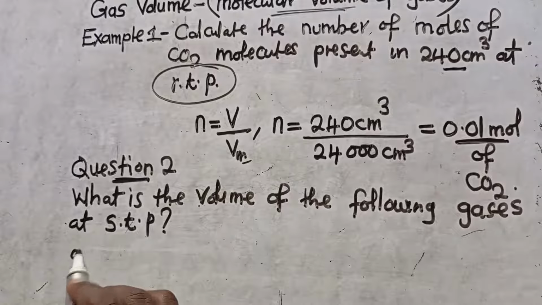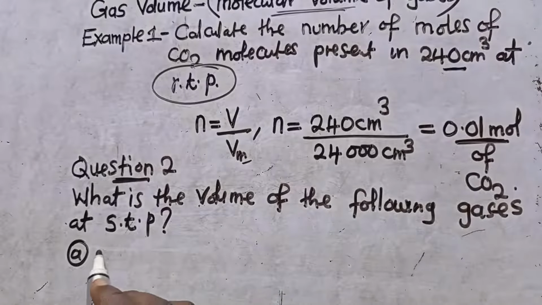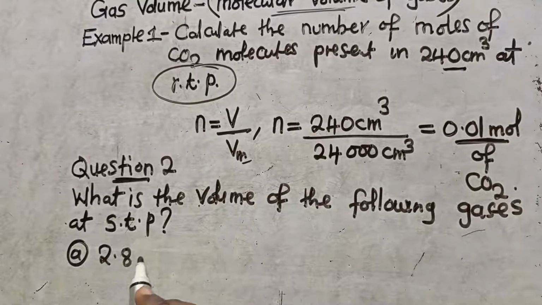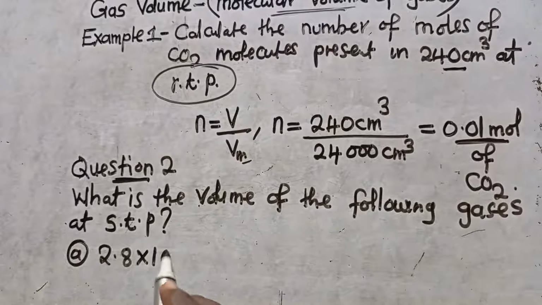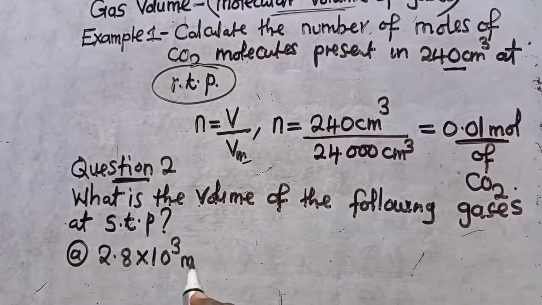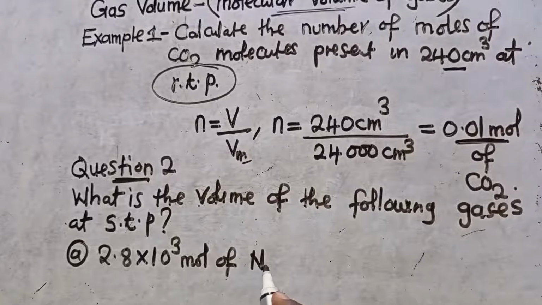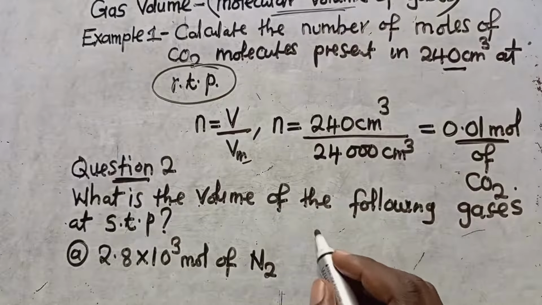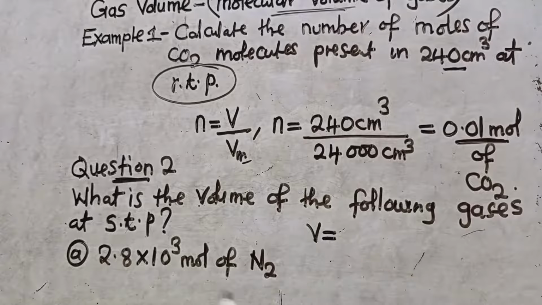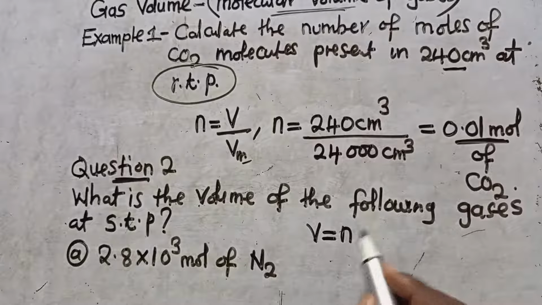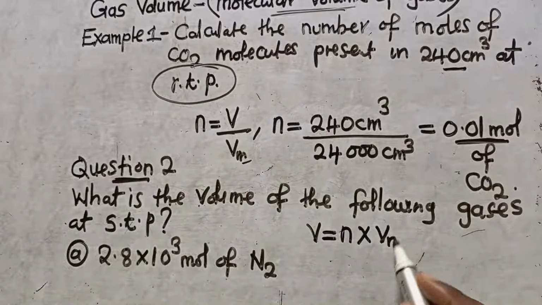The first one, A, they're telling us 2.8 times 10 to the power 3 moles of nitrogen. So how can you find the volume there? I've already told you that volume is equal to number of moles times molar volume.